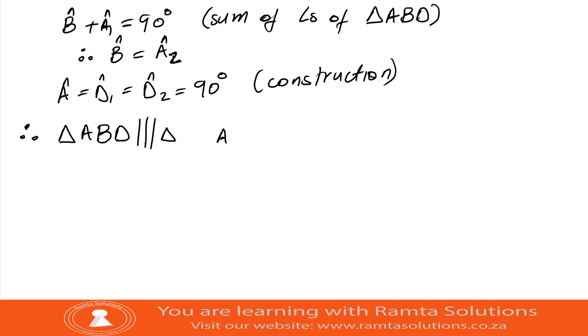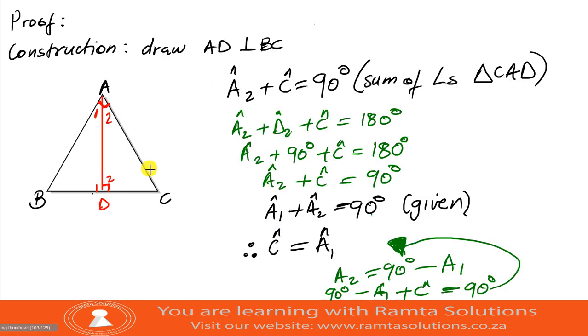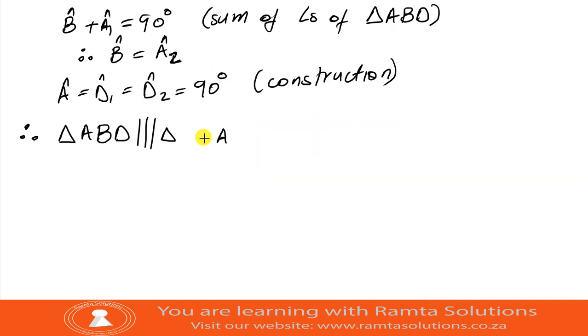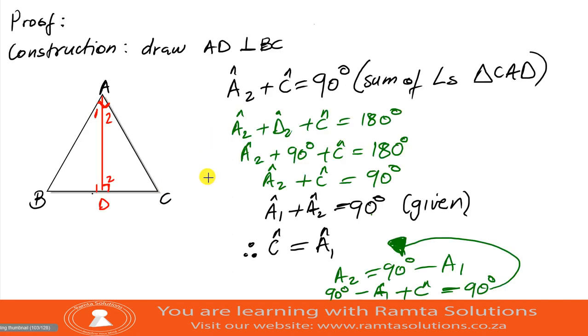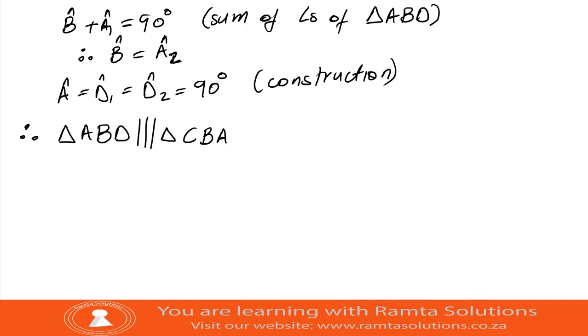Now, ABD and the main triangle ABC, they share an angle B. So let's look where angle B is. Okay, it's in the center. Therefore, it means this one must be C. The main one is angle ABC. So these are corresponding. Angle A corresponds to angle C. Is that what we said?